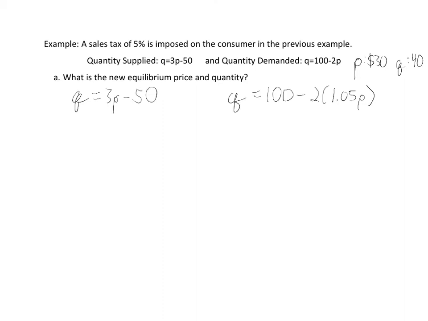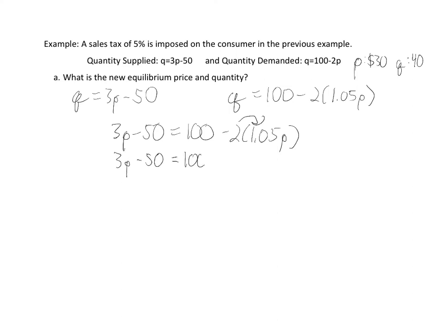So now we're trying to solve the equation 3P minus 50 equals 100 minus 2 times 1.05P. We're going to distribute this 2 in: 3P minus 50 equals 100 minus 2.1P.